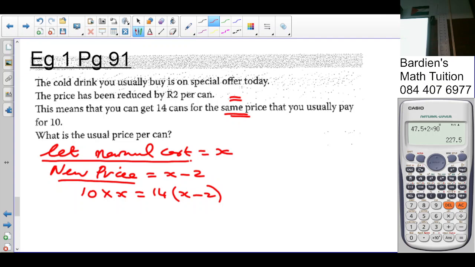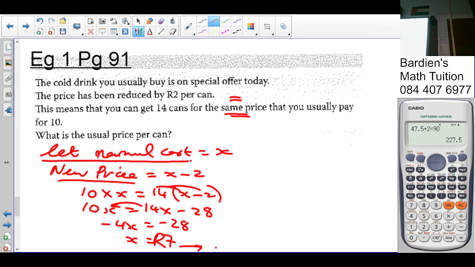Does it make sense? So from here, it's just a matter of solving for x. It's going to be 10x equals 14x minus 28. Move it over the equal sign, so it's negative 4x equals negative 28. So x is equal to 7 rand per can. The question was, what is the usual price of the can? The usual price is 7 rand. You guys understand?